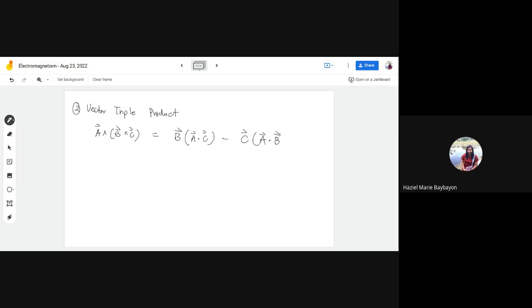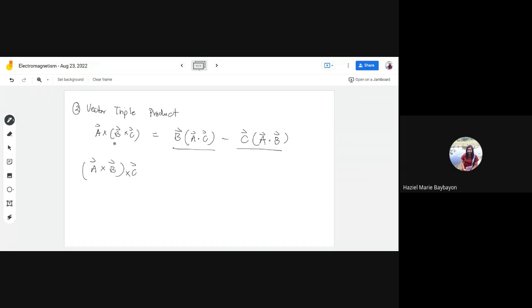So this is the back-cab rule. Back minus cab. Now, take note that you cannot rewrite this as A cross B cross C with the parentheses moved. So this has a different meaning. If you change the position of the parenthesis, it has a different meaning, because we know that the vector product is not commutative, right?